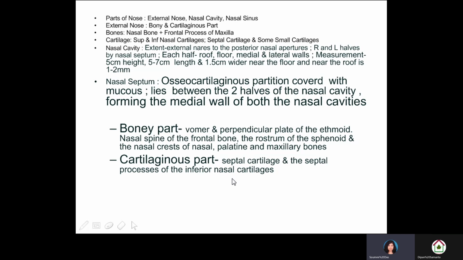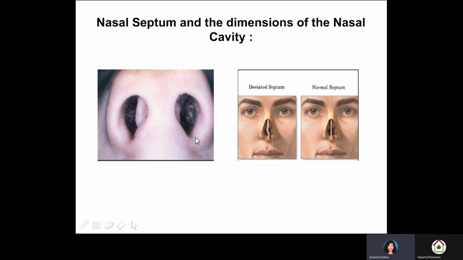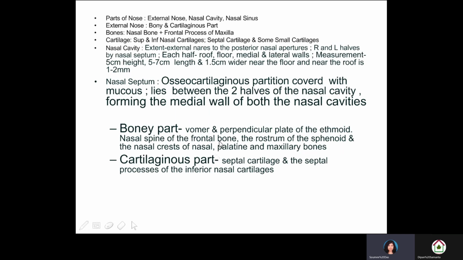These constitute the cartilaginous part of the nasal septum. We need to remember this part especially, because questions come like, which of the following is not involved in the formation of the nasal septum? We will have to choose the one which is not in this list.